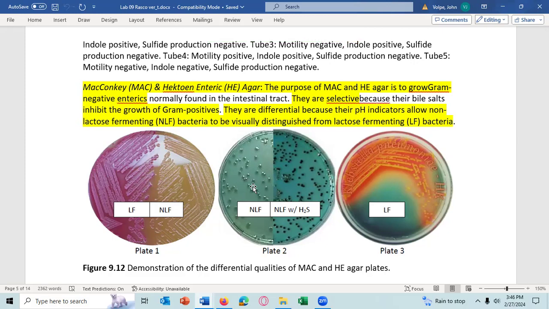If the bacteria can ferment the sugar lactose and it's growing on HE plates, then the bacteria will be salmon colored. Salmon is a yellow-orange color, meaning the lactose has been fermented. If the bacteria cannot ferment the sugar lactose, they will be their normal color, which here is once again white or off-white.